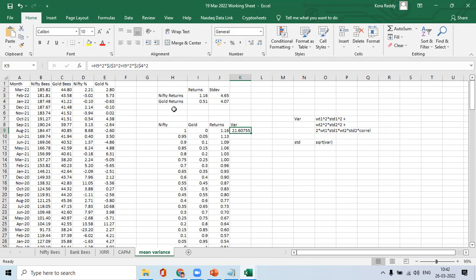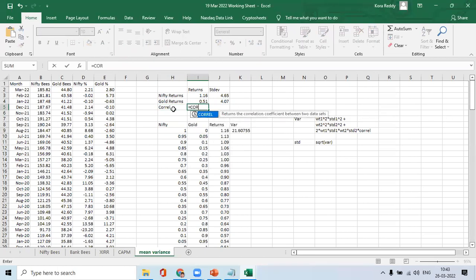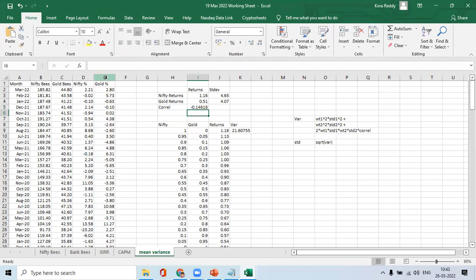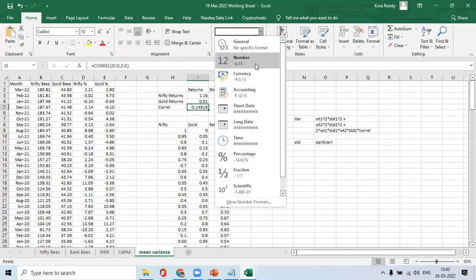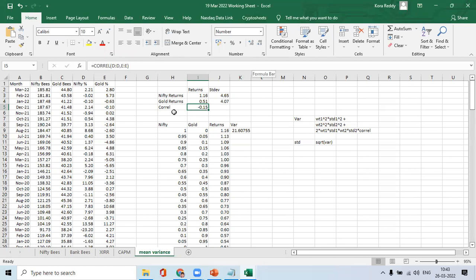So we don't have correlation. So we write what is the correlation. So correlation is simply CORREL of this and this. So that is a negative correlation, though not strong.